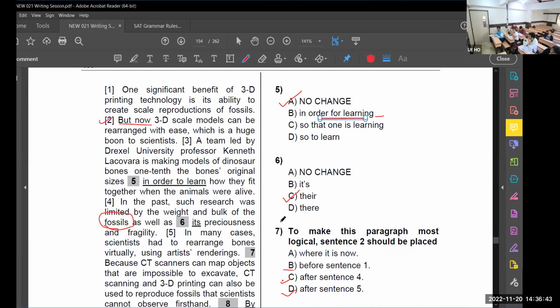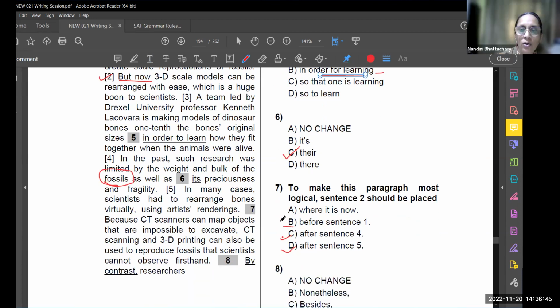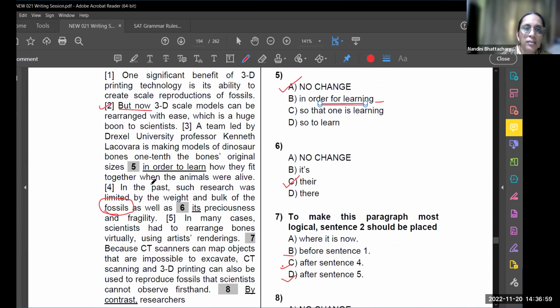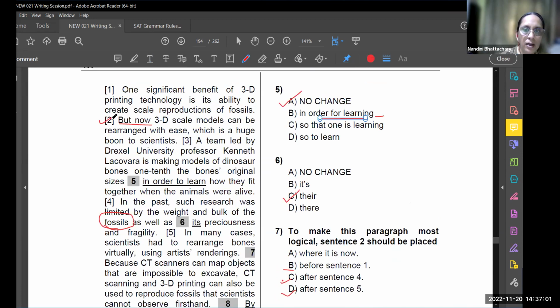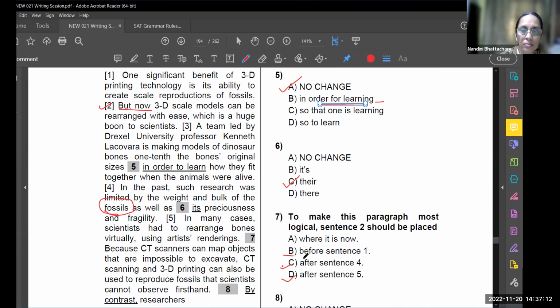You didn't do that question as yet. Okay. Now, I think yesterday you had a doubt and we were talking about connecting the dots, right? So in this paragraph, we first identify the keywords of each sentence, to figure out what each sentence is talking about and whether it should be placed. It says where it is now, before sentence 1, after 4, and after 5.